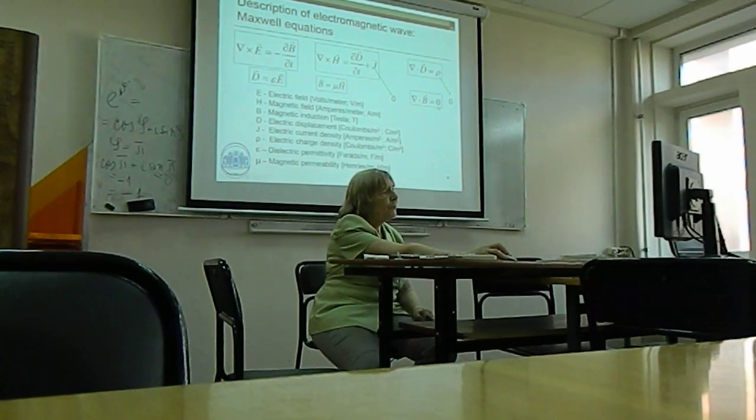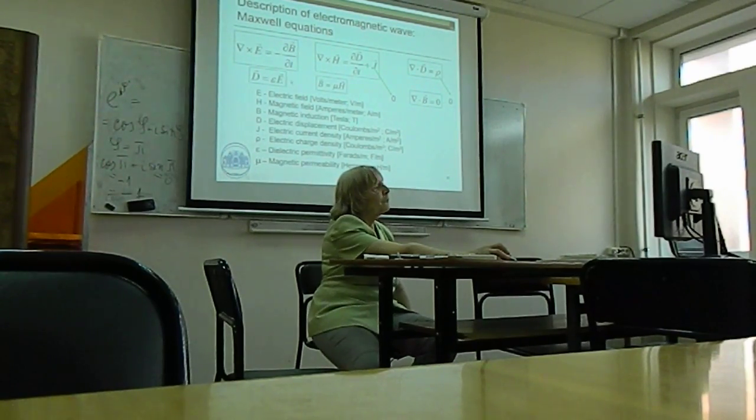The same equation for magnetic induction, and important is that these two parameters, the electric displacement and electric field, are connected via the dielectric permittivity. The same for magnetic permeability.